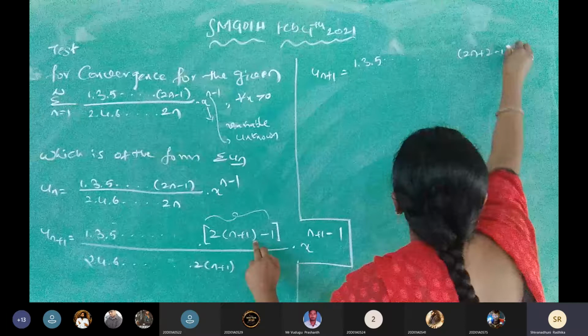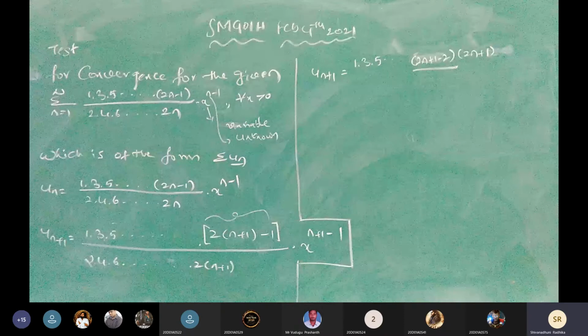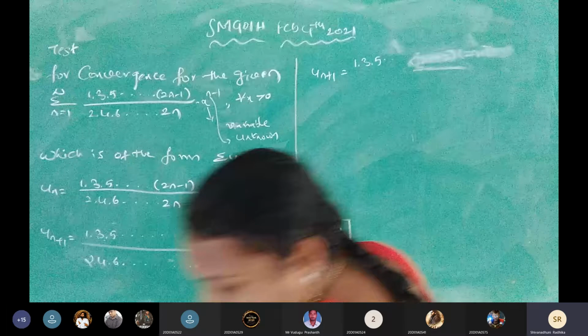So in total we are getting the n plus 1 term. It is clear? Again, what is the previous term here? 2n plus 1 minus 2, so that is 2n minus 1. See here, the previous term you can directly write.